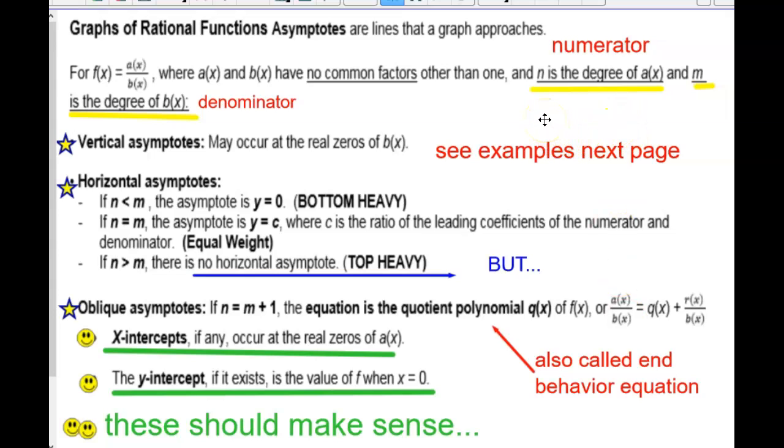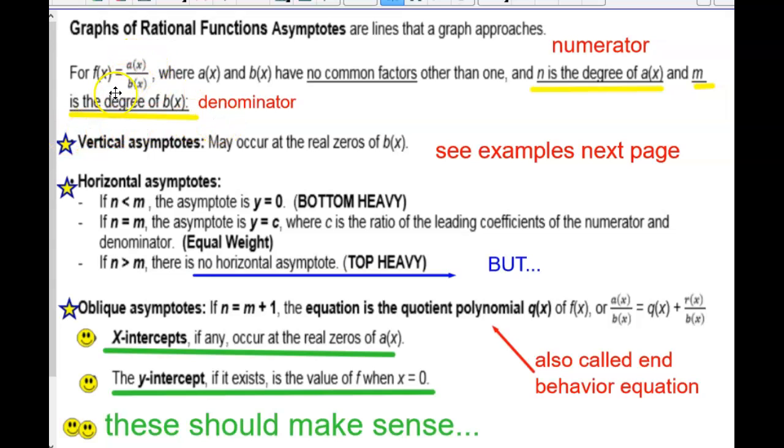All right, I think this is off your notes. It says for a function that has a polynomial a(x) on the top and b(x) on the bottom, if there are no common factors other than 1, and n is the degree of the numerator and m is the degree of the denominator, okay?